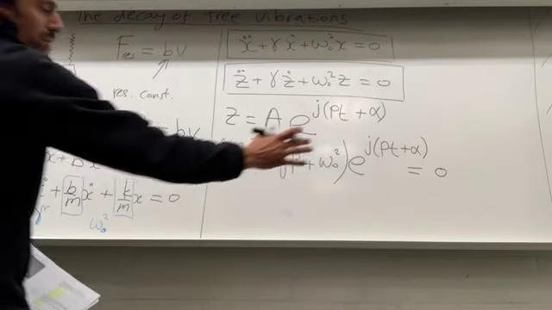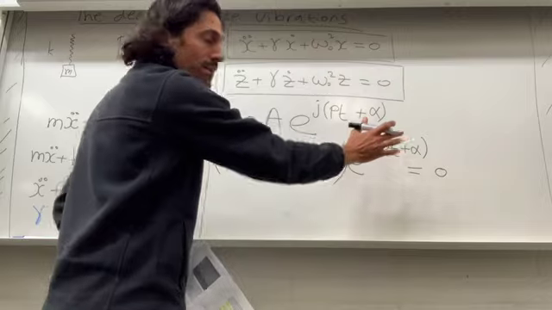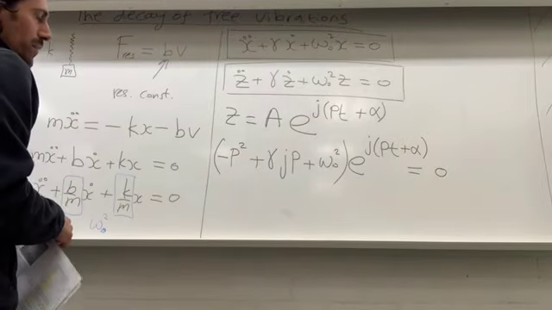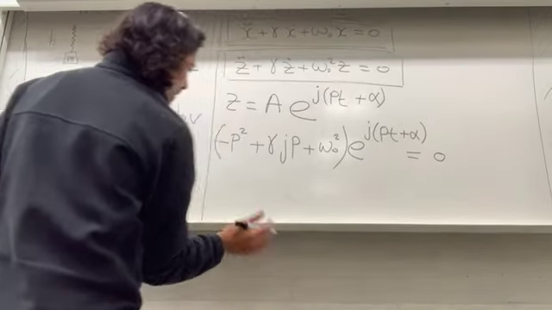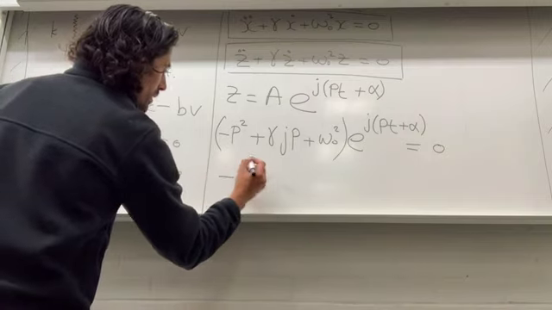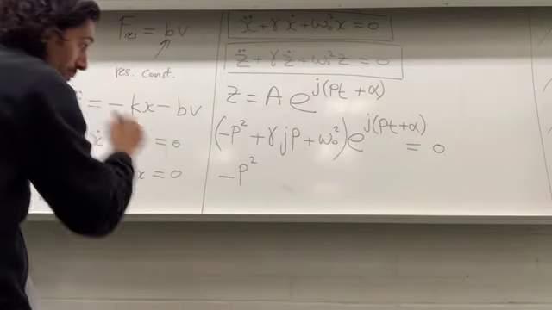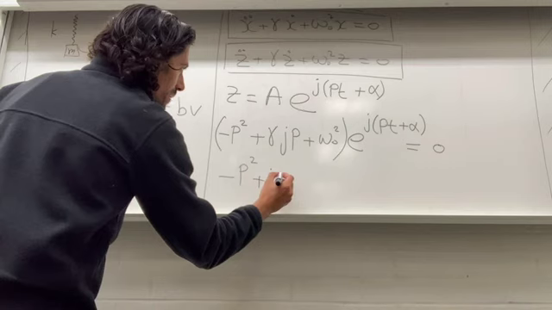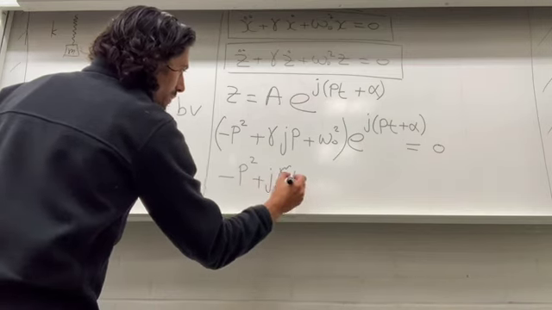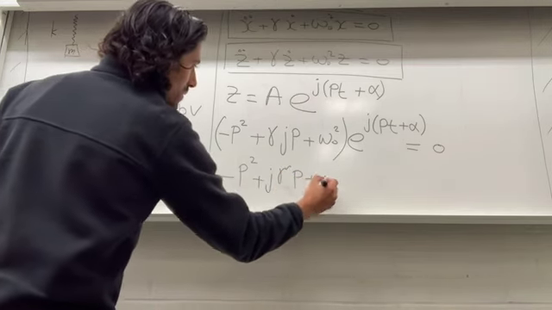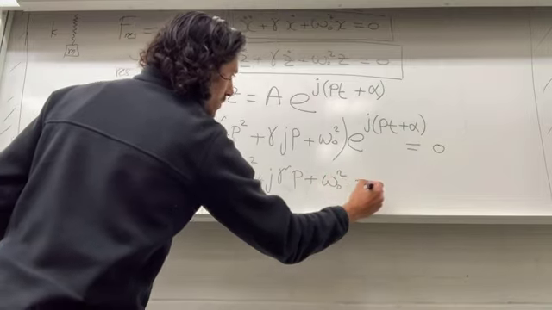As you see, we could just ignore this, and in the future I'm not going to even bother to write this down. So what we have here is minus p squared plus j times gamma p plus omega 0 squared equals 0.